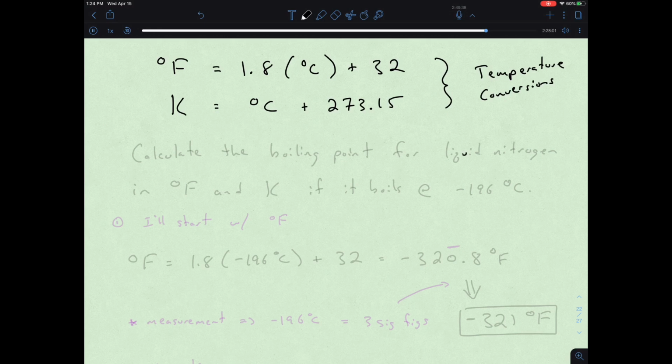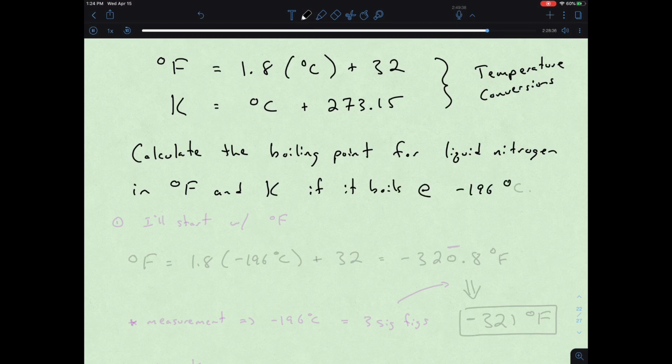So let's do an example. Let's calculate the boiling point for liquid nitrogen in degrees Fahrenheit and Kelvin, if it boils at negative 196 degrees Celsius.